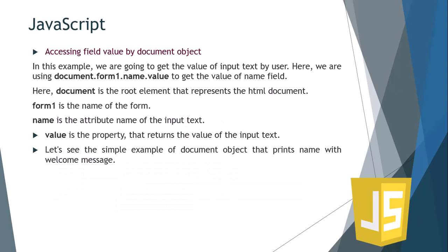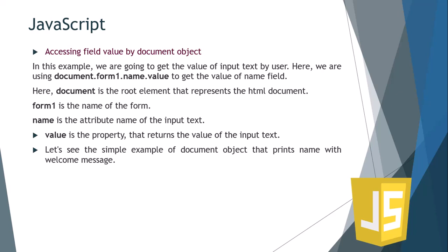Now, accessing field values by the document object. In this example, we are going to get the value of the input text entered by the user. Here we are using document.form1.name.value to get the value of the name field.